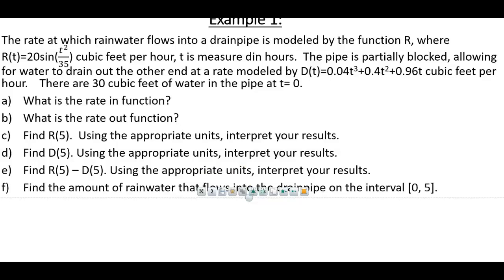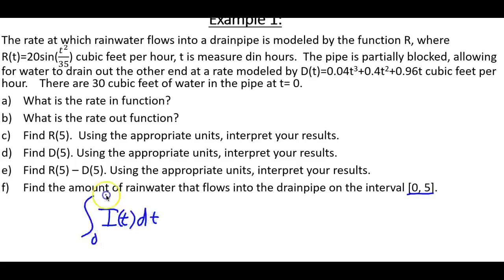The next question is asking me to find the amount of rainwater that flows into the drain pipe. So this is asking me to find the amount that goes in. On our little chart, we talked about how you can find the total amount that goes in over a certain time period: you take the rate at which the water is going into the pipe and integrate it on the interval they want.